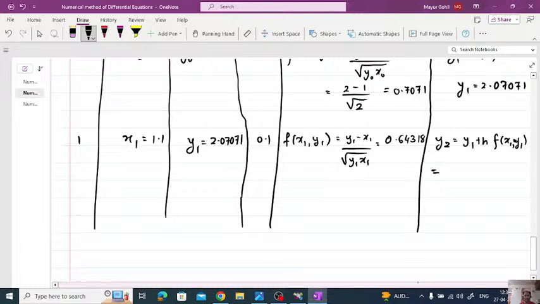So it is now going to be the answer multiplied by 0.1, and you add it to that 2.1.